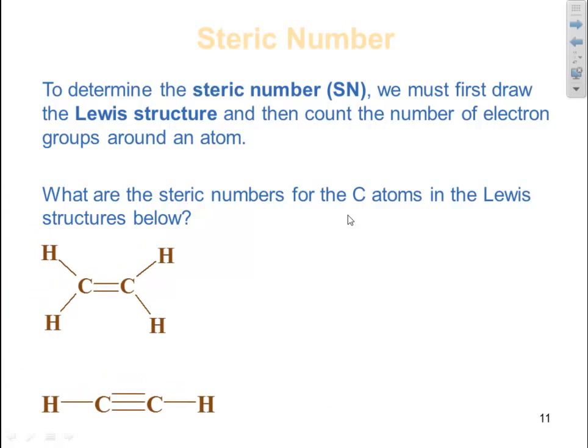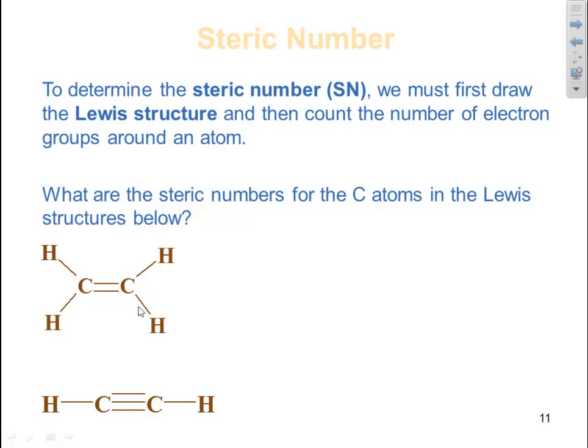What are the steric numbers for the carbon atoms in the Lewis structure below? Well, looking at them, we see that around this carbon we have one region, a second region, and a third region. It doesn't matter that this is a double bond, that still counts as one region between the atoms. And this carbon has exactly the same.